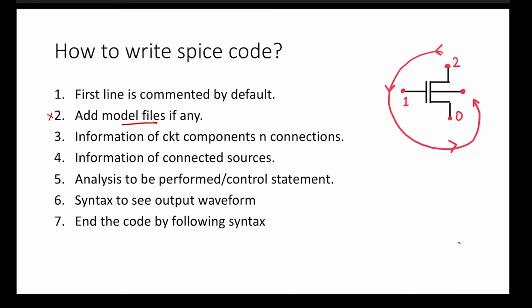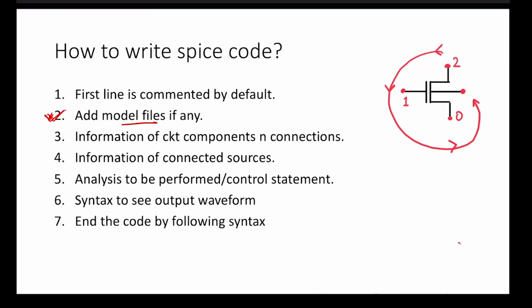But here, since I'm using MOS, I need to add the specific model. Suppose you are using TSMC 180 nanometer technology in this. So you need to include that model file into this. So for that, we will write .model here. If it is somewhere in your computer, you can give the path.